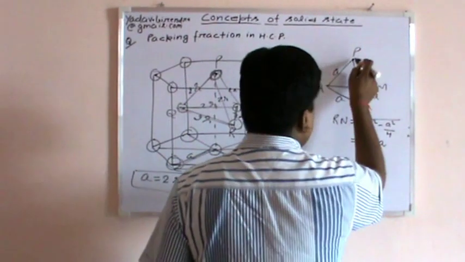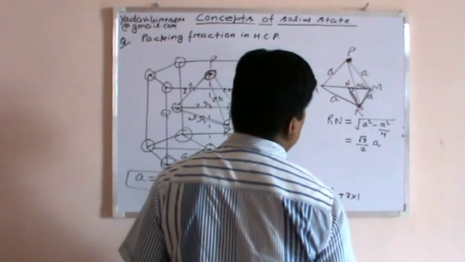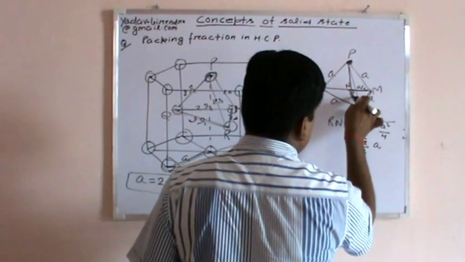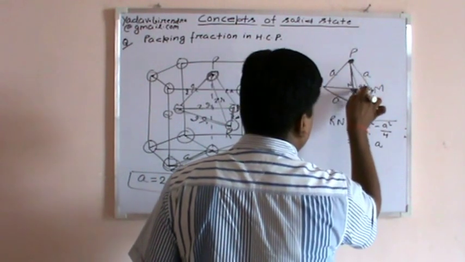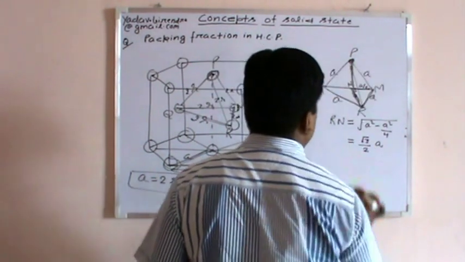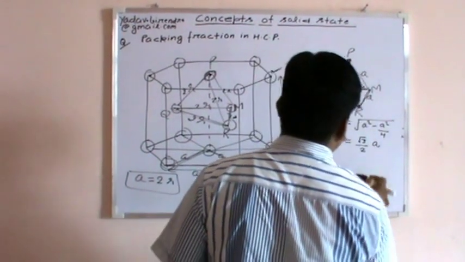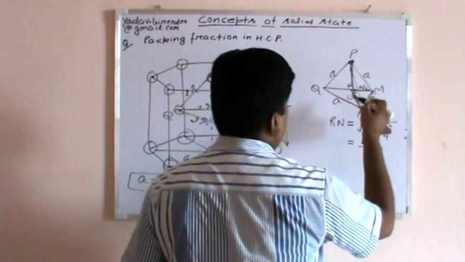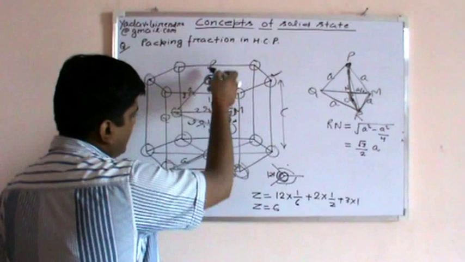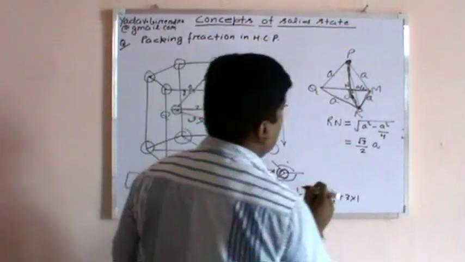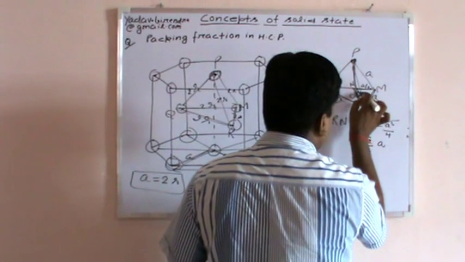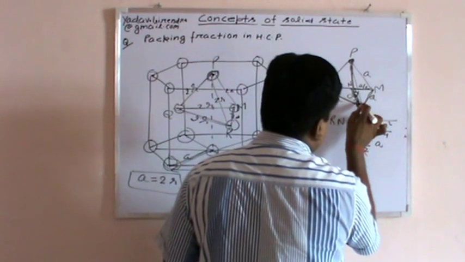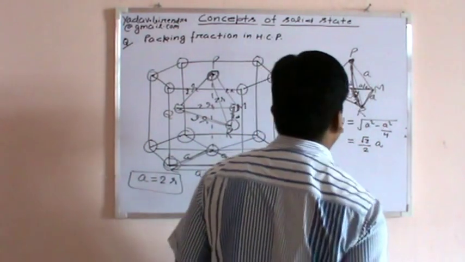Now if we draw a perpendicular from point P like this, let this point be O. So basically this line passes through the centroid of this triangle, so we can say this perpendicular will cut this RN line as 2:1.